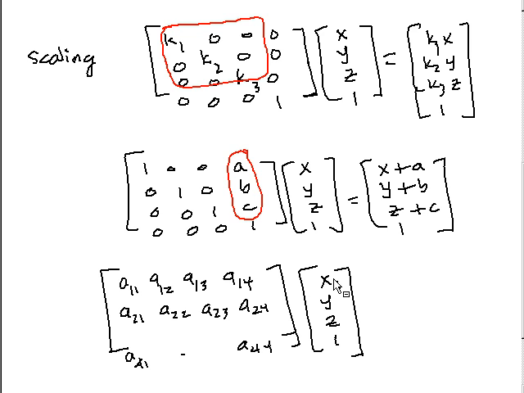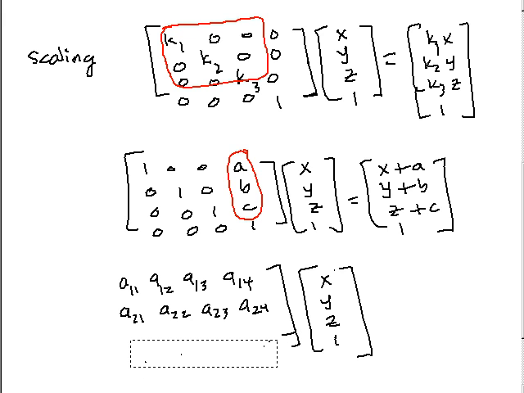Actually, to make this last one work out right, we should make that last row 0, 0, 0, 1.